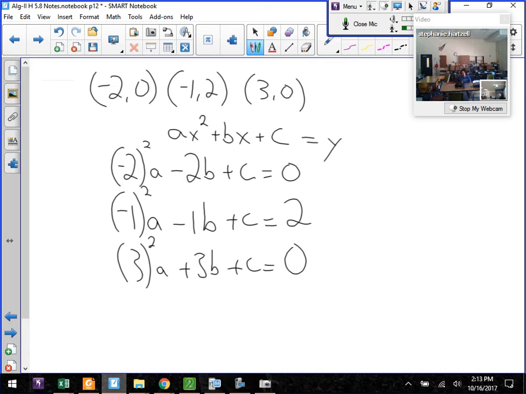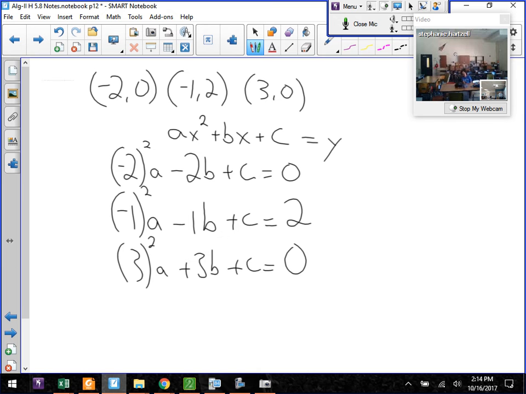Are we okay with that? Now, do you have to do this initial step, or could you, in your head, square negative 2 and just write that out right away? It's fine. There's nothing wrong with that. This is only like the second time you've seen that, so I'm trying to show a few extra steps just so you remember what you're doing.